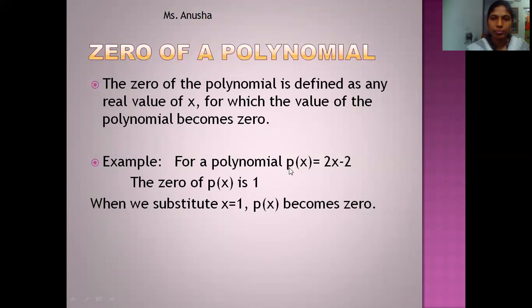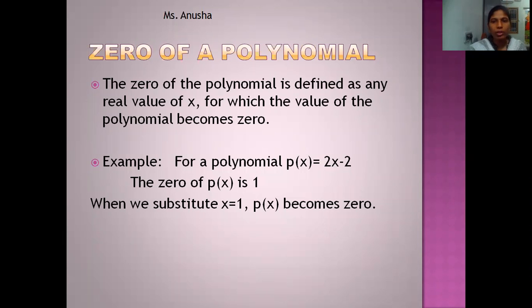For example, I take 2x minus 2 as a polynomial. Obviously, you need to see what value you put here so that the polynomial is satisfied. This 2x minus 2 will become 0.